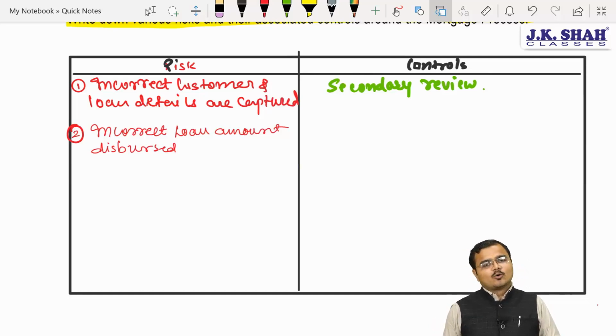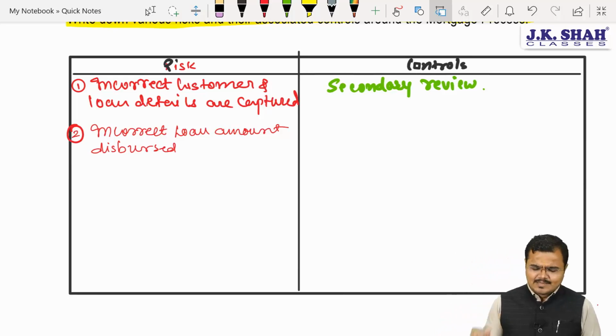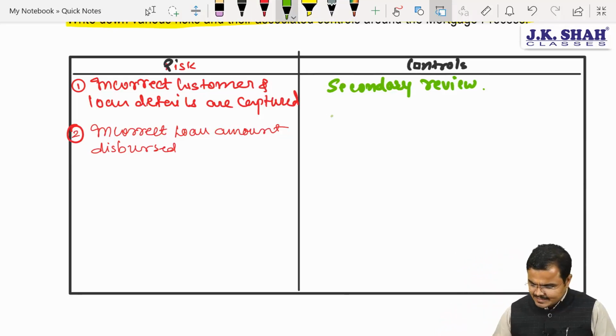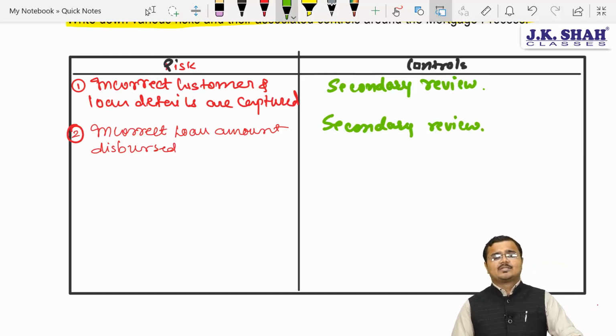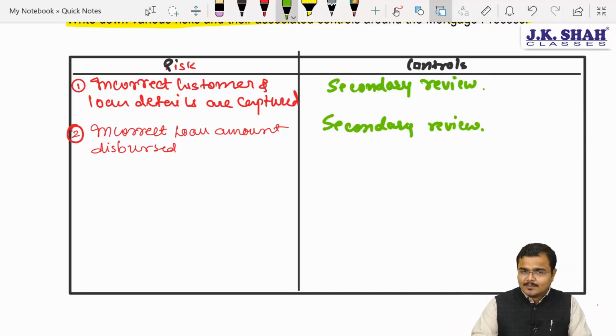That will affect the overall downstream process once again. To minimize this, once again the same thing: secondary review must be performed. The data must be properly checked by at least 2 authorities to see whether the loan amount is within the lending guidelines or within the required limit or not.